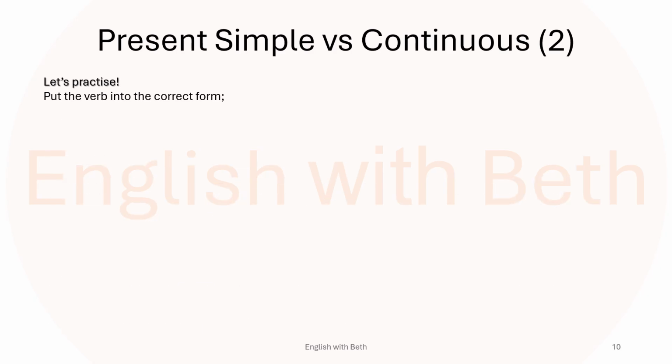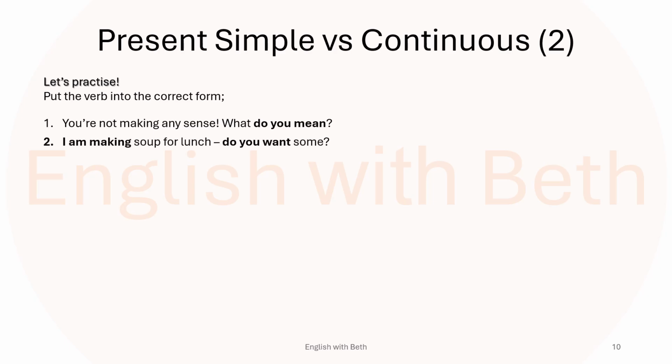Good job. Now let's go through the answers together. Number 1. You're not making any sense. What do you mean? So present simple here because mean is one of those verbs which is rarely used in present continuous.